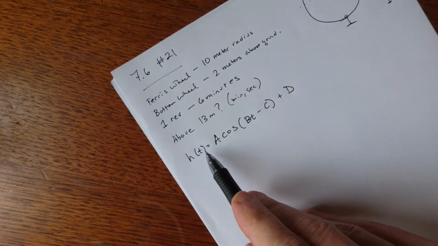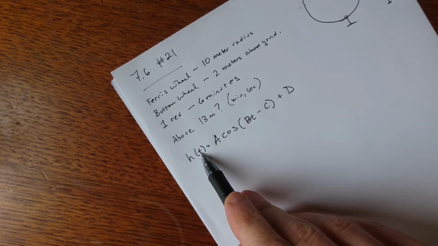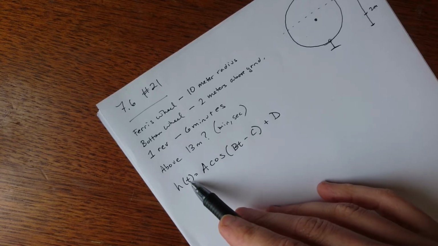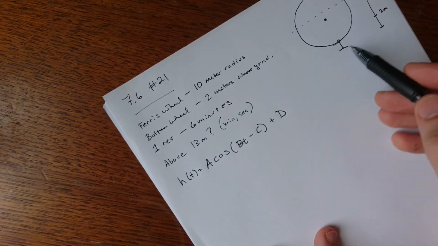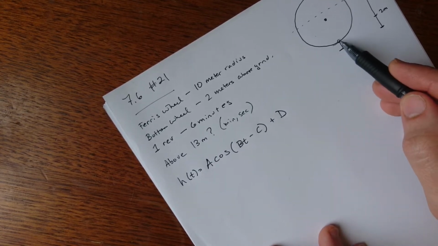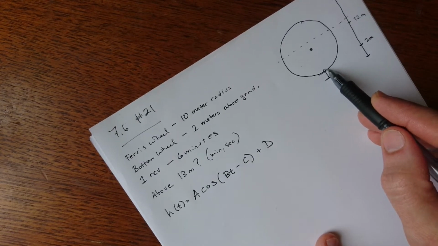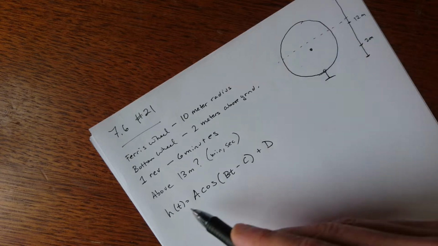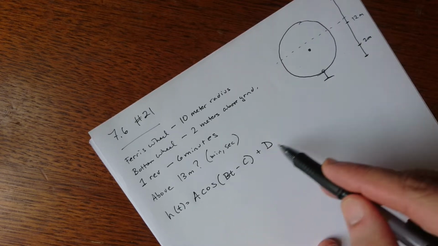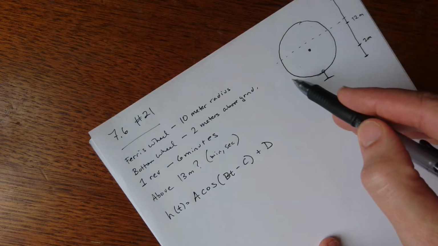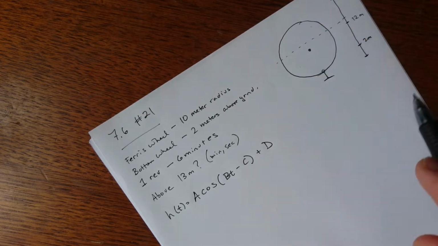This is going to be a function h. Our input is t, which is time, taken to be minutes after the ride starts. So at t equals 0, my person is at the bottom of the Ferris wheel. And as minutes pass, I want this function to output values that represent the height of that person at that time.